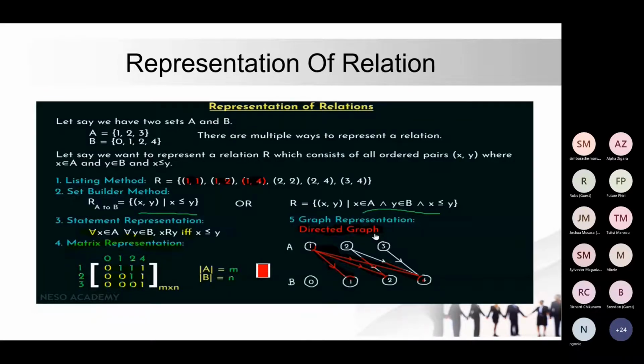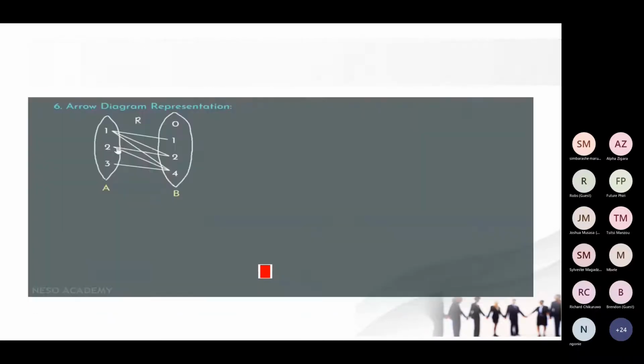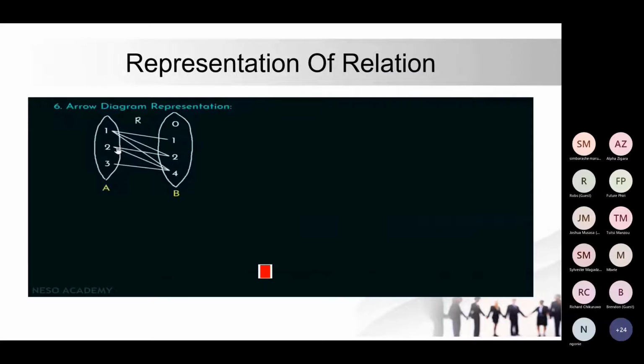It's on the next page. The arrow diagram. I'm sure we have seen it in most of the questions in our assignments. Also, you will see it as we are doing functions.